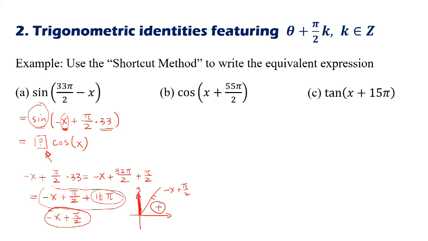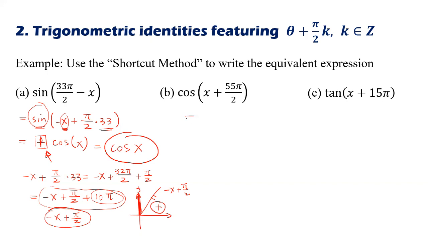So the sine here is also positive. So the final result is cosine x. Understand? This is how we use the shortcut method to evaluate the ratio here. Okay. Any questions?